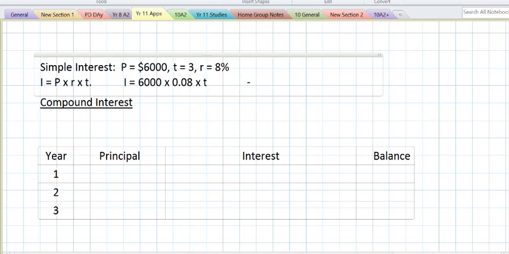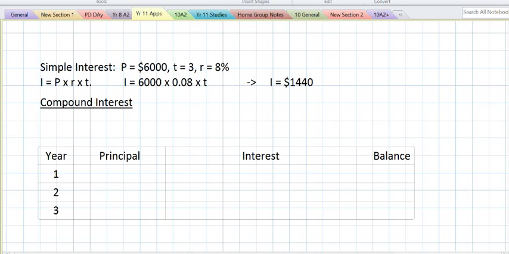And that leads us to an interest payment from the bank of $1,440. So, simple interest, if we invest $6,000 in a bank for 3 years at 8%, at the end of it, the bank will give us $1,440, meaning we'll have a total of $7,440. Alright? That's what happens with simple interest.